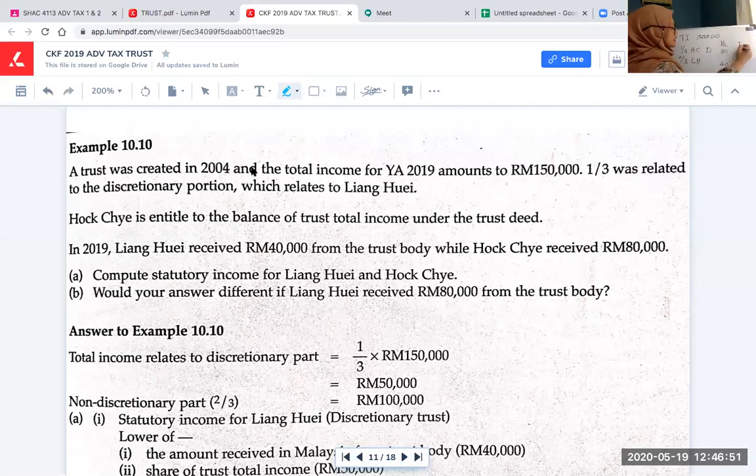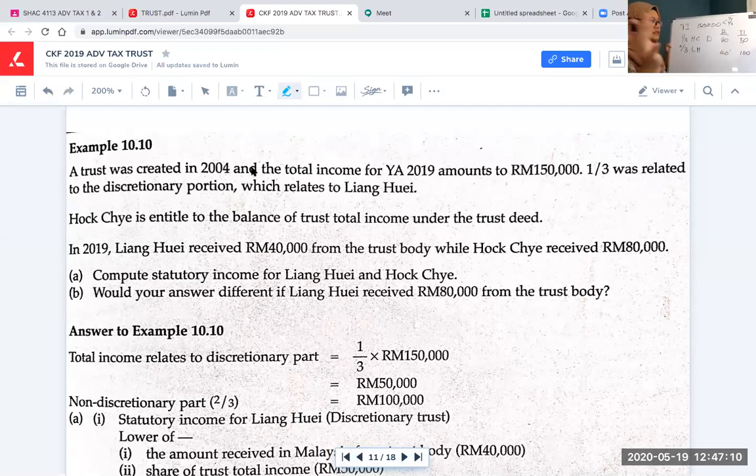How much is the total income? From the 150,000, you give 1/3 and 2/3. So if we follow total income, 1/3 is 50. Right? The other will get 100.